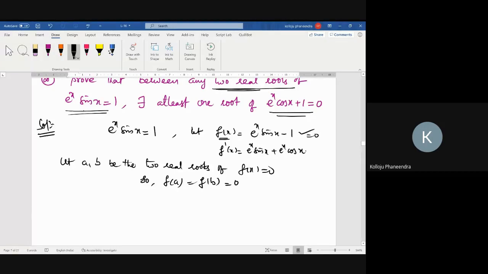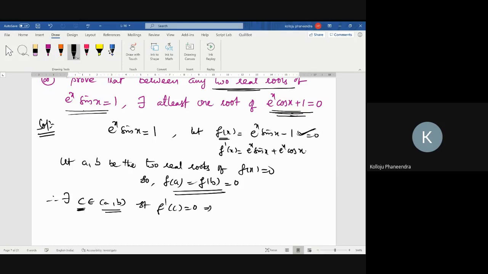Since continuity is satisfied, differentiability is satisfied, and the third condition is also satisfied, there exists c belonging to the open interval (a, b) such that f dash c equals 0.